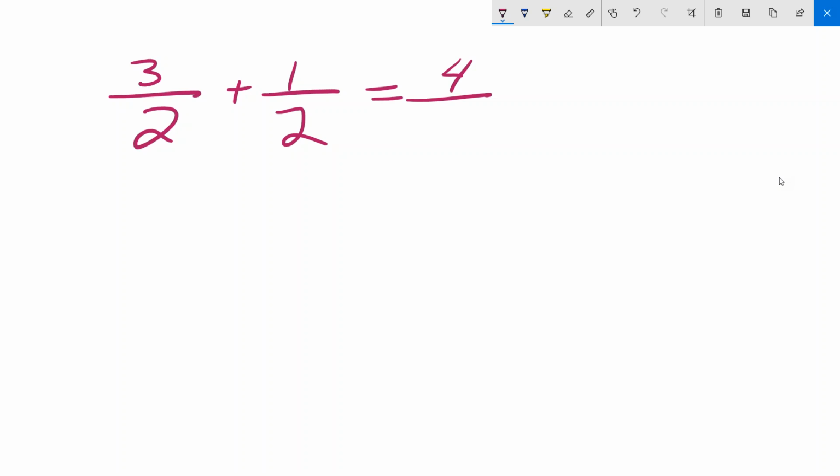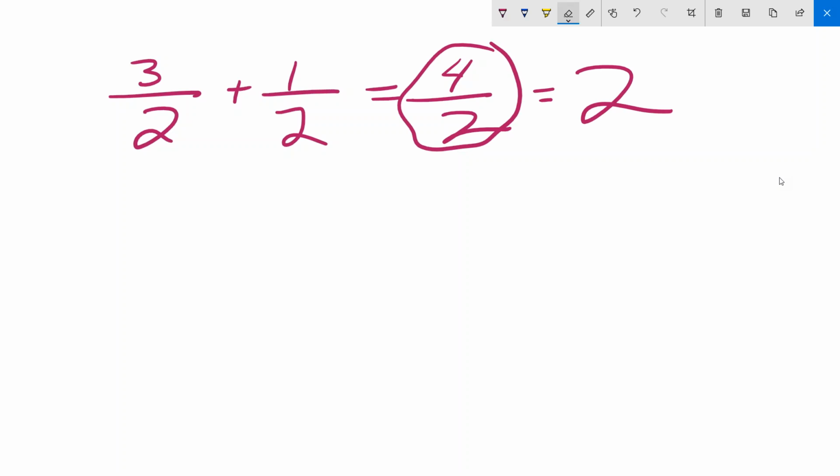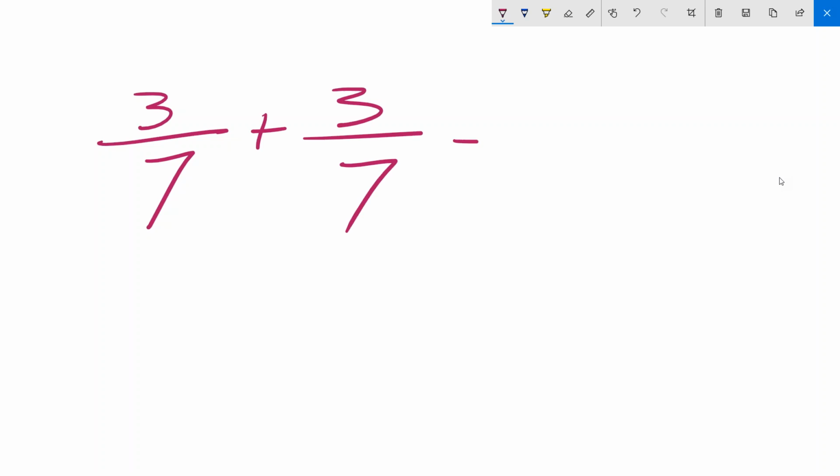And the denominator stays the same. Yeah. Now, you got to reduce that. What's 4 divided by 2? 2. So that's the answer. So as long as you have similar denominators, what's the answer? The answer is 6/7. Okay.